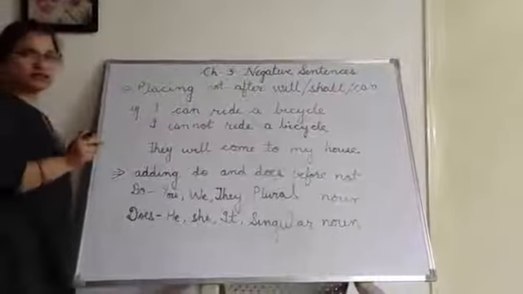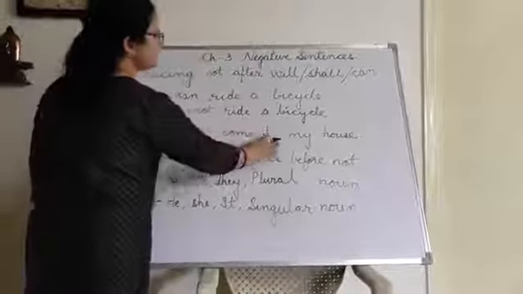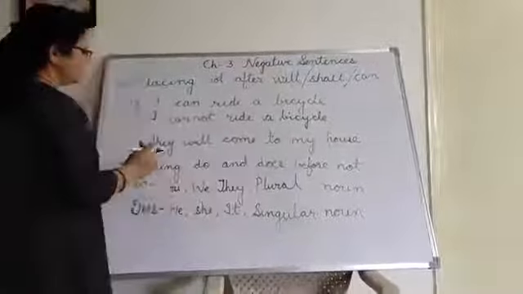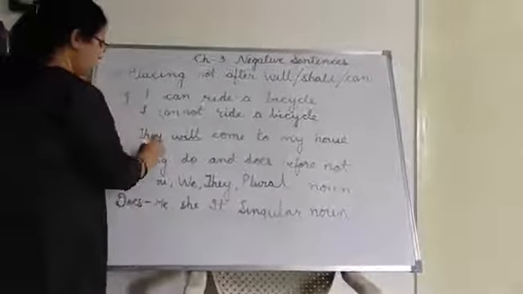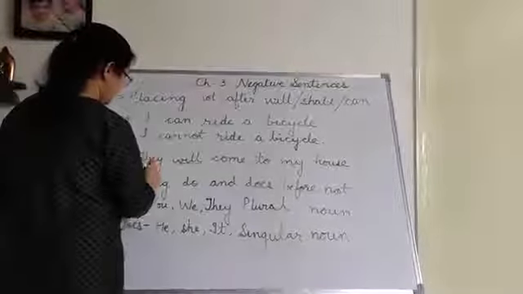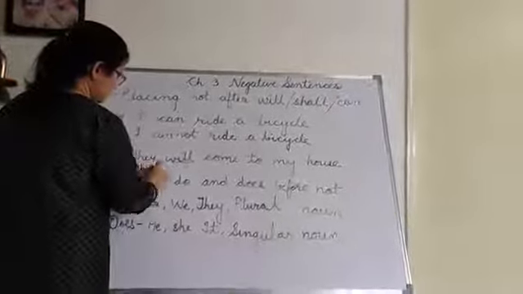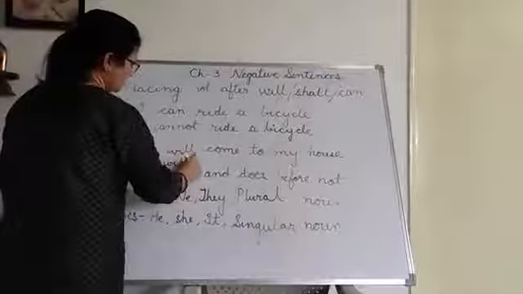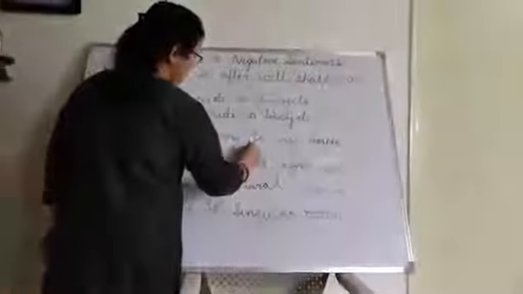Now let's understand from another example. They will come to my house. Now see, here will is there, so you will place not after will and your sentence will be: they will not come to my house.